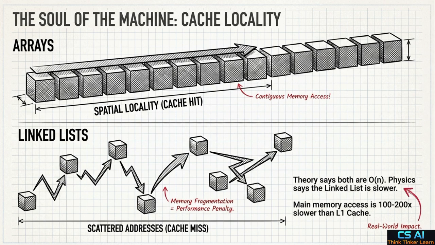When the CPU accesses one element, it often prefetches nearby elements into its fast cache, resulting in cache hits and contiguous memory access. Linked lists, however, have scattered addresses, leading to memory fragmentation and frequent cache misses. This means the CPU has to constantly fetch data from slower main memory, which can be 100 to 200 times slower than accessing data from the L1 cache. This is a significant real-world impact on performance.